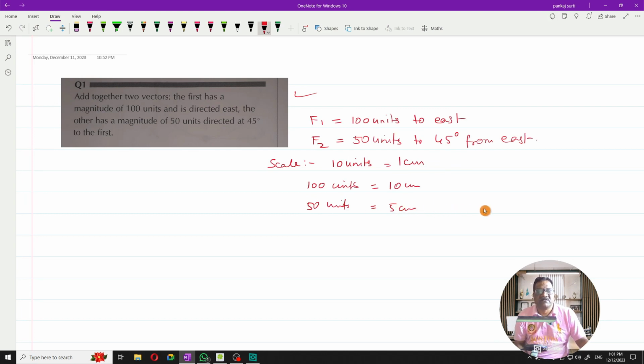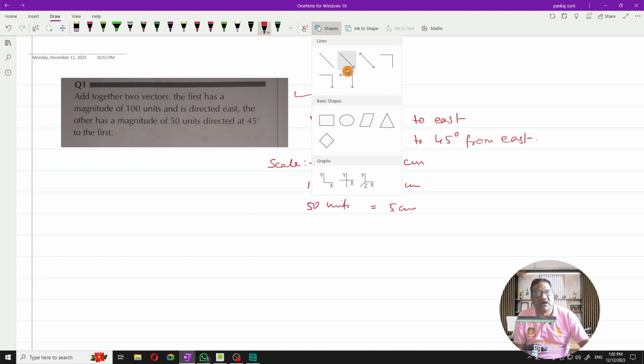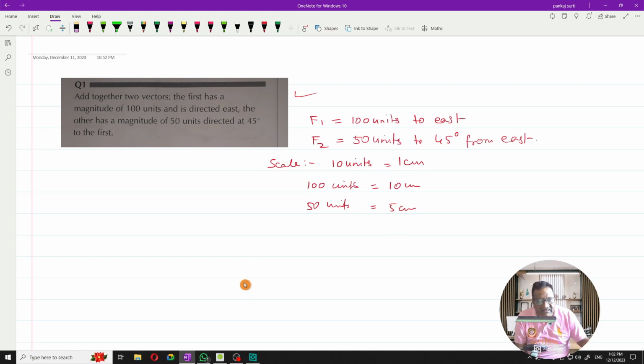Okay, so what I will do is first I am going to draw a vector. Say this was the east. Okay, so F1 I am going to draw.